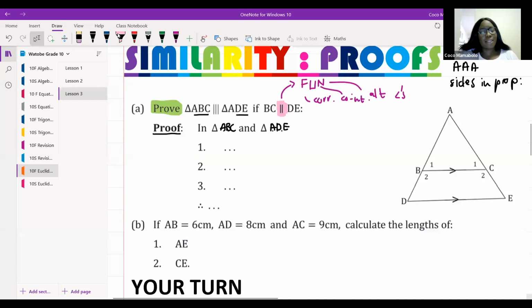All right. Yes, Kama. How are you doing, my sweetie? I'm good, and you, ma'am? Excellent, sweetie. What's up? Sorry. Are we still on Euclid? Yes, this is Euclid. We're going to start quadrilaterals as soon as we're done here.